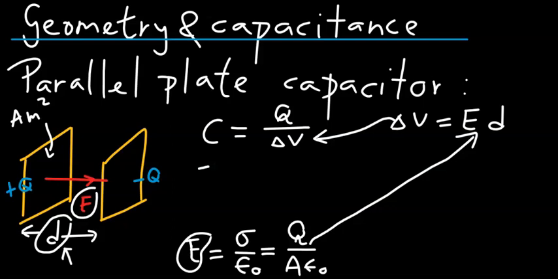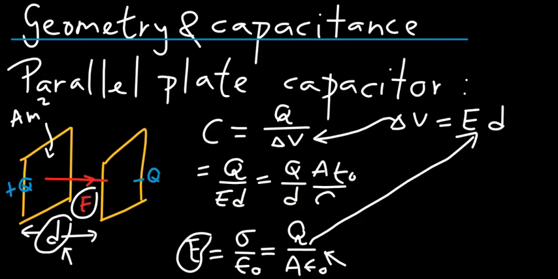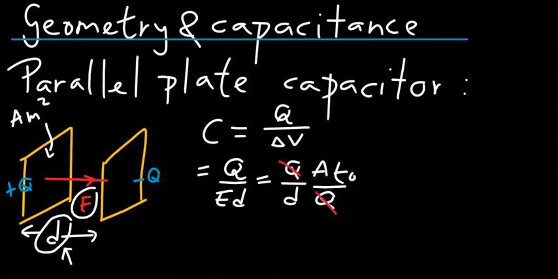For the capacitance, it's quite simply Q divided by delta V. So dividing by delta V means dividing by E times d. But we know that E is given by this complete equation, Q over A times epsilon naught, so we get A epsilon naught over Q. So Q cancels, and the final expression for the capacitance of a parallel plate capacitor becomes epsilon naught A over d.